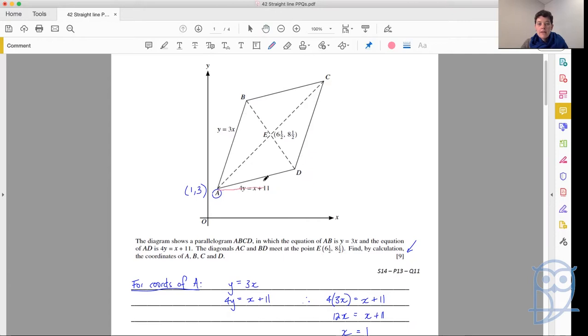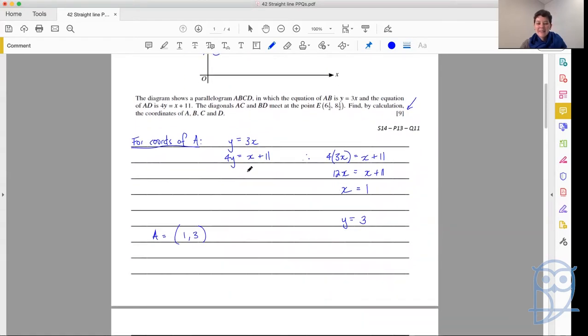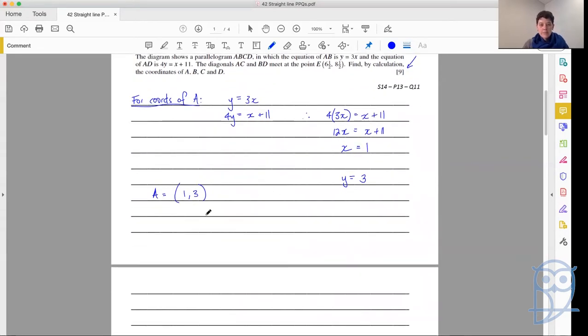From A to E is exactly the same as from E to C. Now we've got E and we've got A, which means we can get that vector step, and then we can apply it to E in order to get to C. So we're going to go from A, now we're going to get C. Then we'll have a whole lot more information to work with for B and D. So our next one, coords of C.